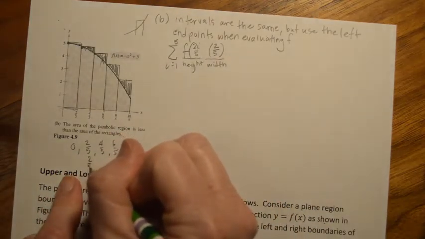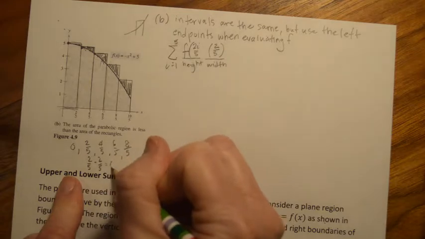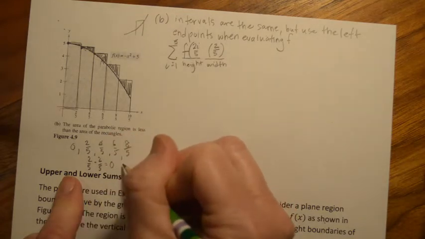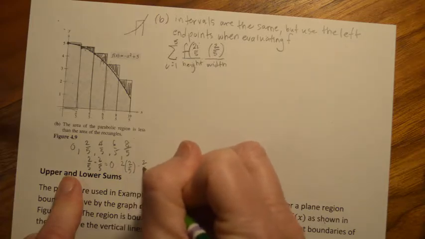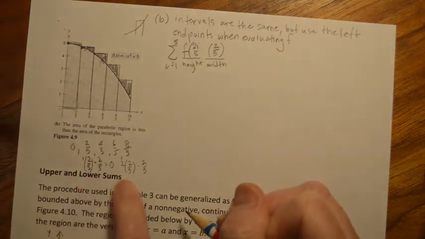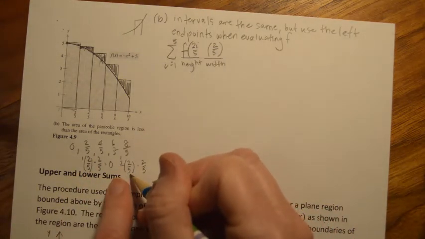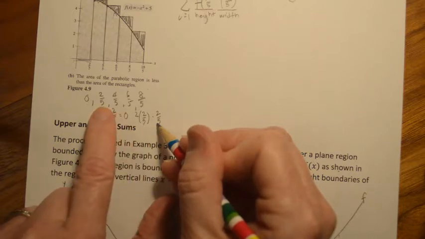So if we have 2/5 minus 2/5, then that would give us 0. If we have 2 times 2/5 minus 2/5, all right, again, this would be 1 times 2/5 minus 2/5. If we do 2 times 2/5, that's 4/5 minus 2/5. That does give us that second one.